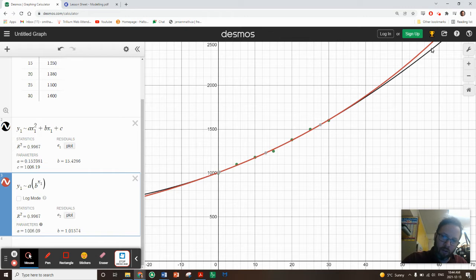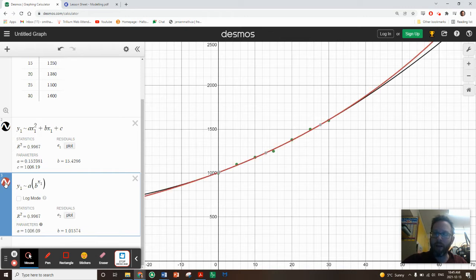And they diverge a little bit as you move to more positive x values, or as time increases. And what you're going to see is, because our black line here, at least black on my computer, our first one, the quadratic one, is quadratic, at some point it's going to have a vertex.